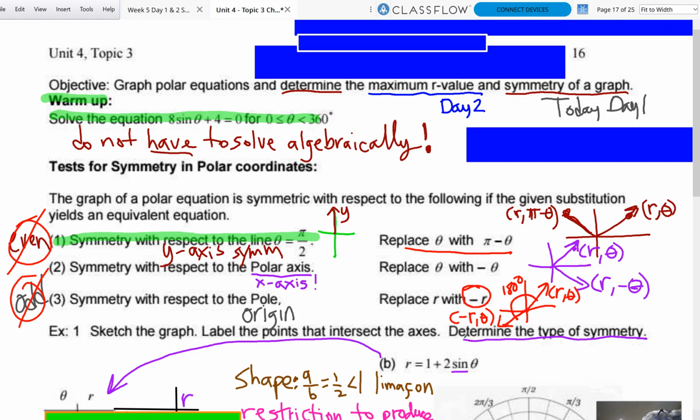Pi plus theta. Yeah, it's pi plus theta. Sorry. Because you turned 180 degrees. 180 is on the other side of the x-axis. You're adding theta. So it's negative r, theta plus pi. Sorry, I'm writing it so sloppy.